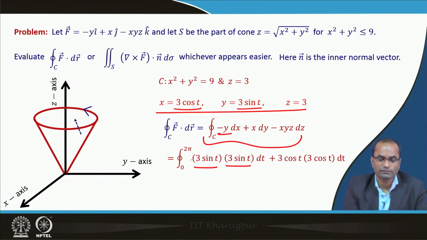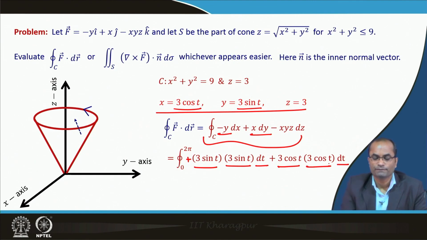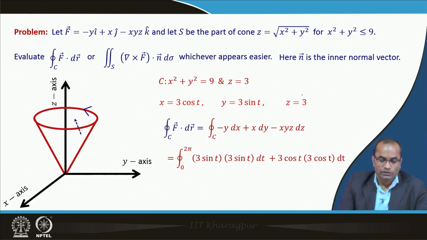So, this minus minus will be adjusted, so we have plus there, 3 sin t dt, and similarly here x is 3 cos t and dy will be 3 cos t dt. The third one where we have this dz, this is going to be 0 because z is constant, there is no variation in z.